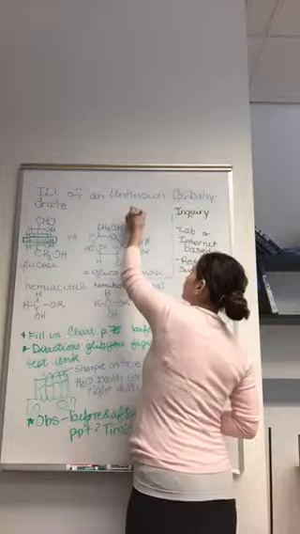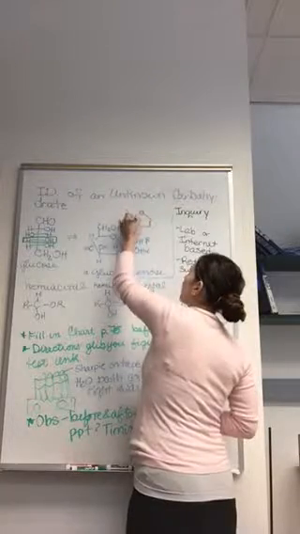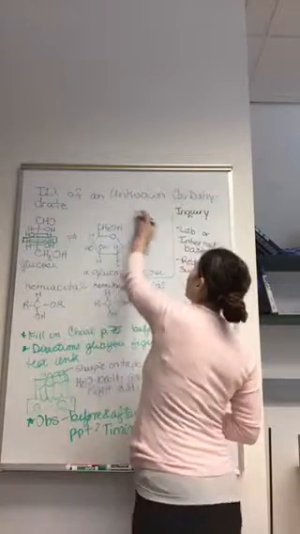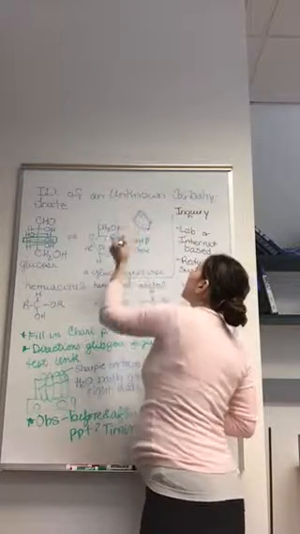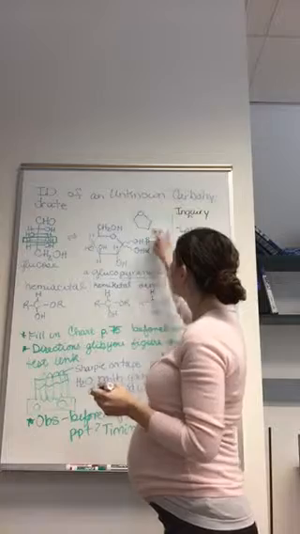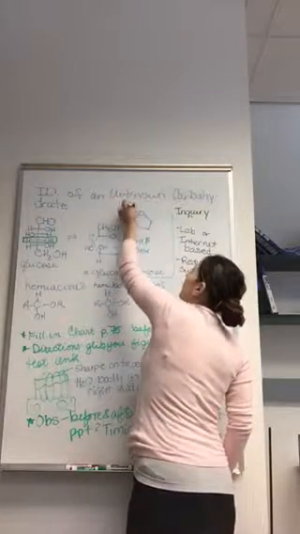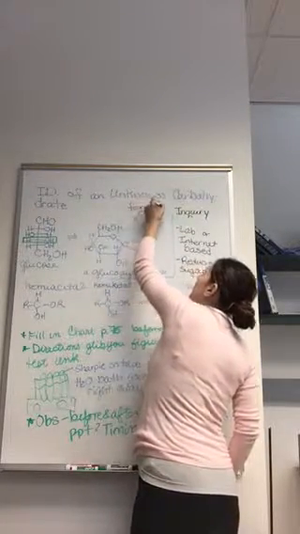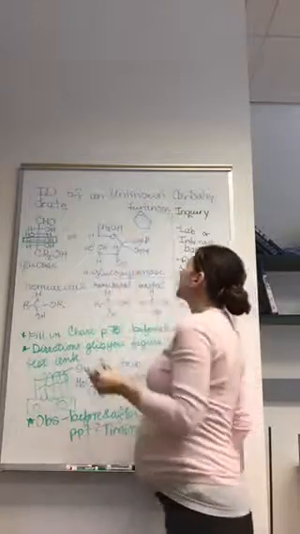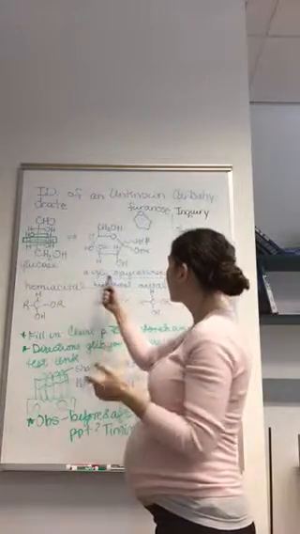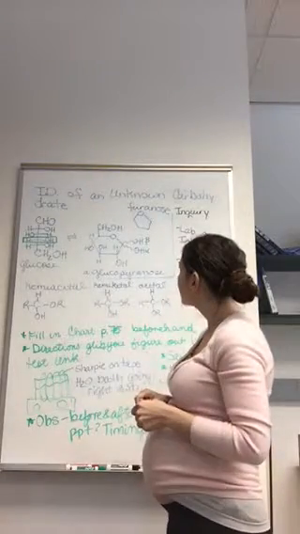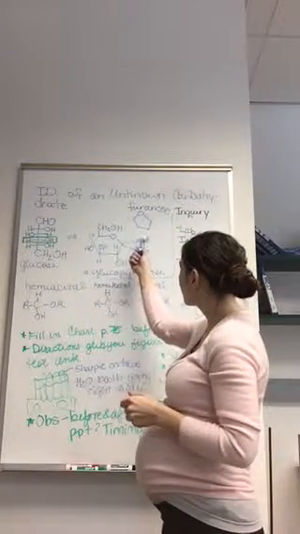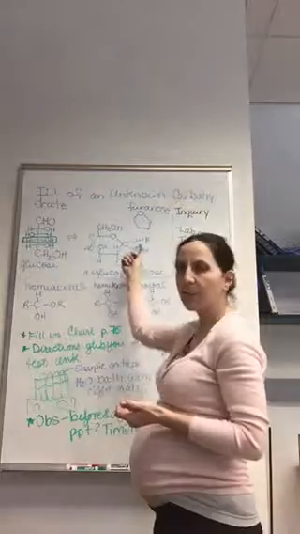Versus if we wanted it to look like a furanose, it would be a 5-membered ring. And then gluco because we're using glucose. And so a glucopyranose, either beta or alpha form.